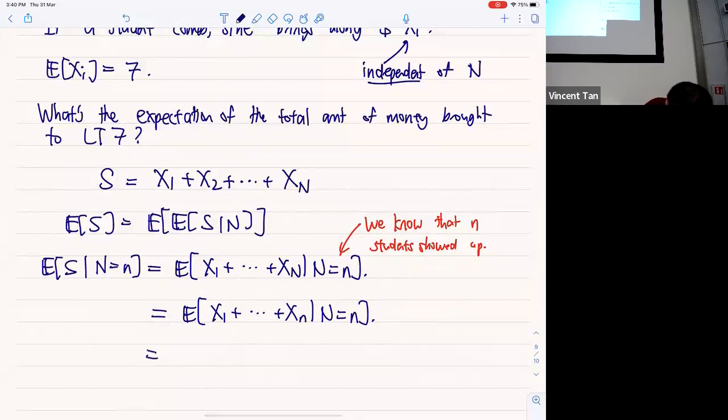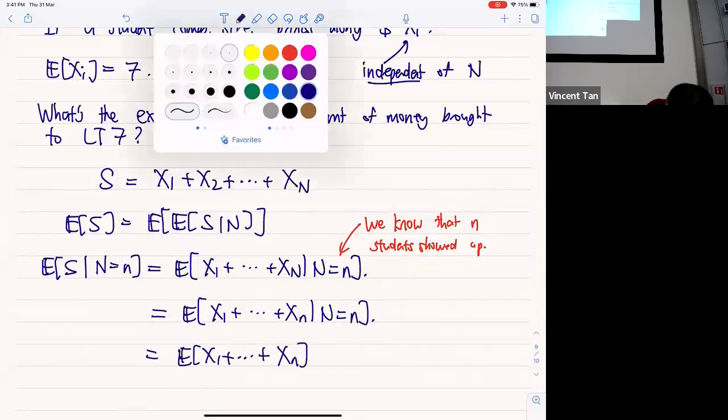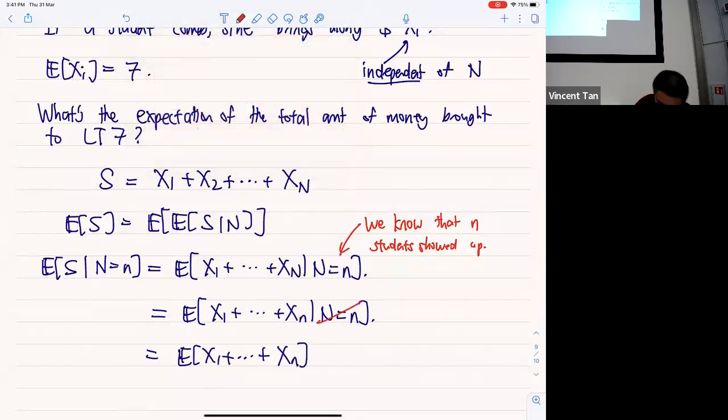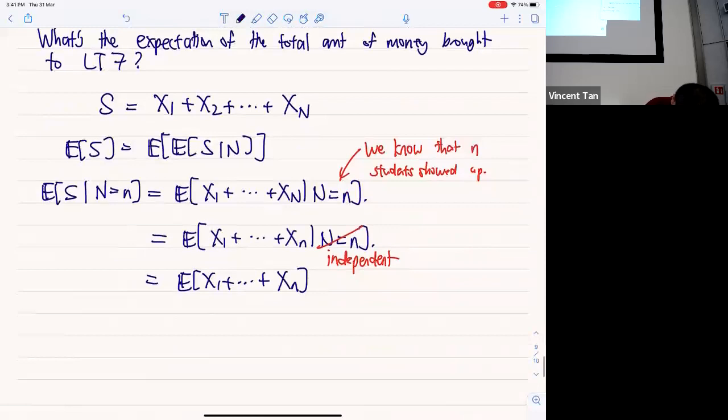But because I said that they are independent, I can drop this because of independence. Now we have all these random variables and we can use the linearity of expectation.